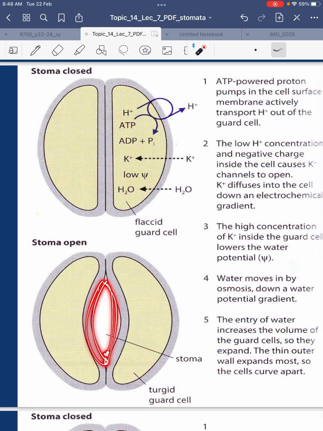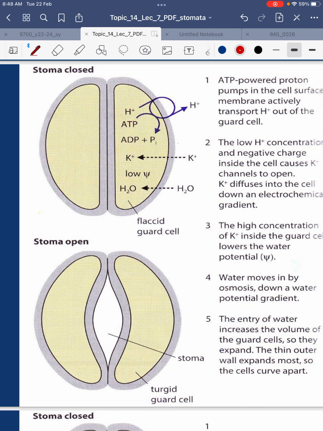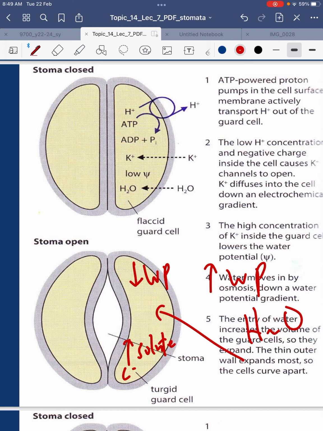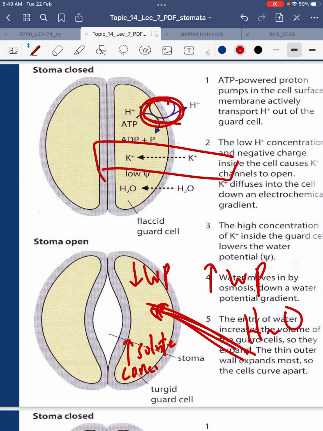You have to just think that in order to create the stoma, the hole, water has to enter, meaning low water potential inside, high water potential outside. So in order to create low water potential inside, there has to be high solute concentration inside. How can we make high solute concentration? By allowing potassium to enter. And that can only happen after the pumping of the protons.